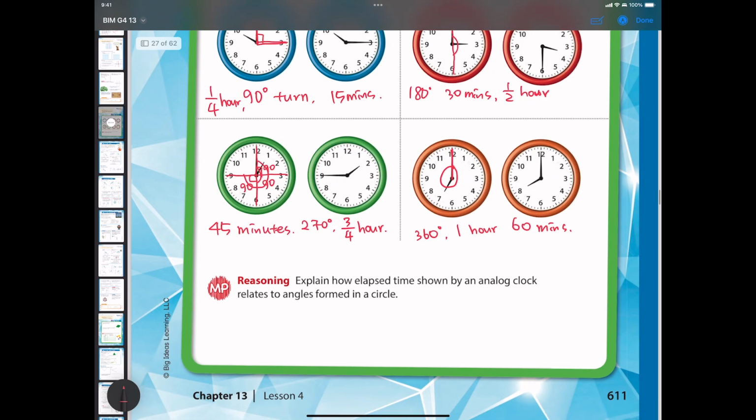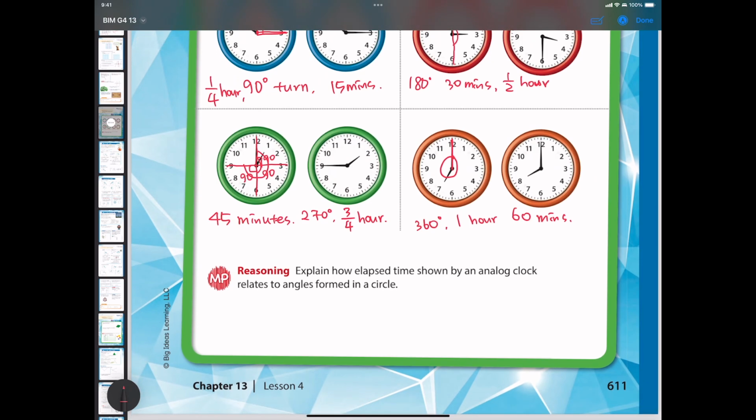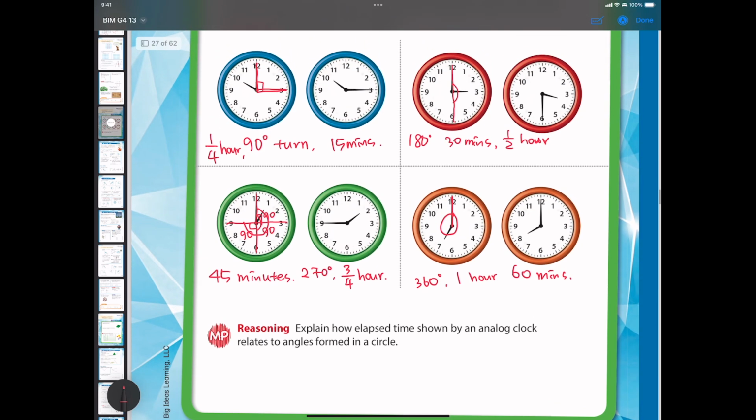Now explain how elapsed time shown by an analog clock relates to angles formed in a circle. Here, from the blue clock, red clock, green clock, and orange clock, they moved 15 more minutes each time, right? So they form 90 degrees.